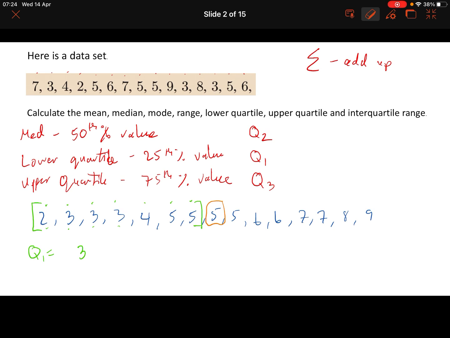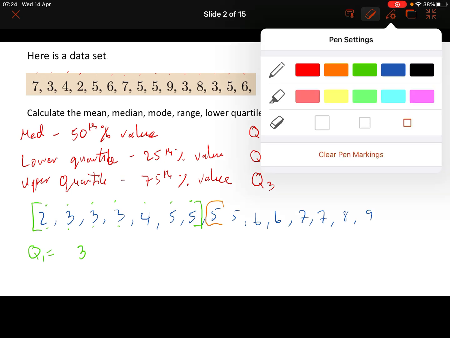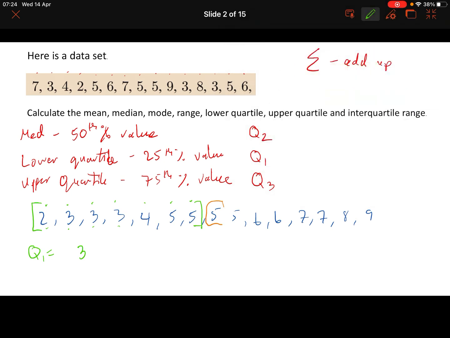Okay, Q3, whoops, didn't mean to delete that. Q3, we look at the numbers that are above the median, and we count, again, there's 7 of them, so it's looking for the fourth one. 1, 2, 3, 4, that is 7. So Q3 is equal to 7. Now the interquartile range is simply equal to 7 minus 3.